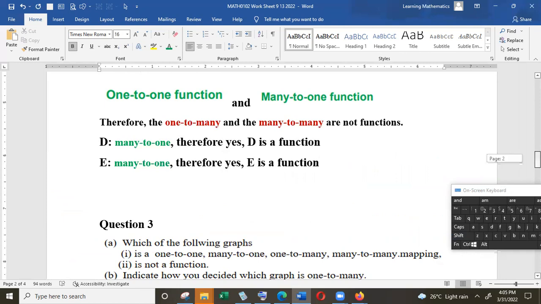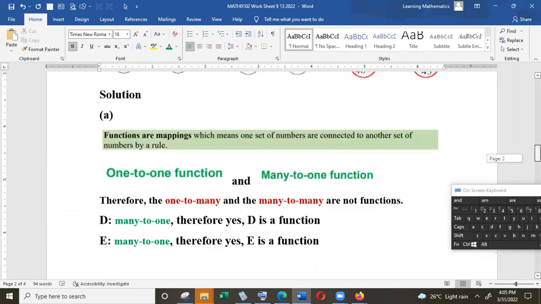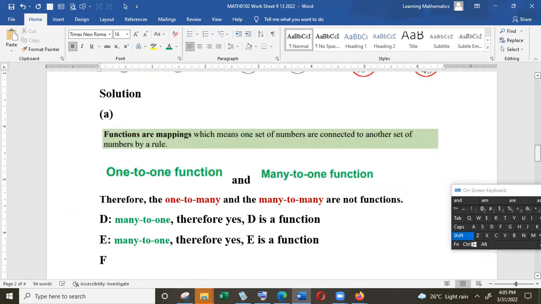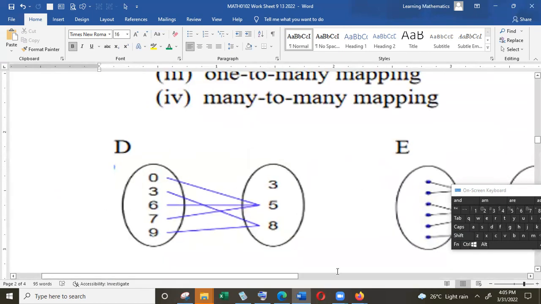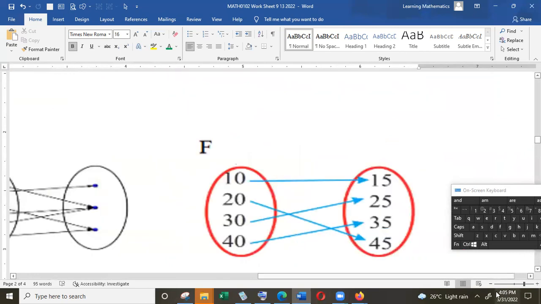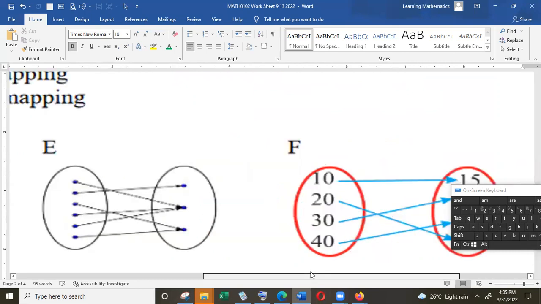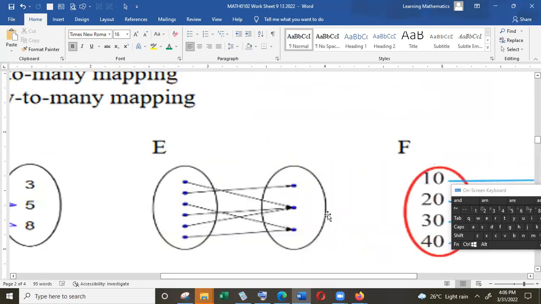Okay. Let's look at F. What type of mapping is F? F is clearly a one-to-one, isn't that so? So 1, 1, 1, 1. F is a one-to-one. E is a many-to-one.